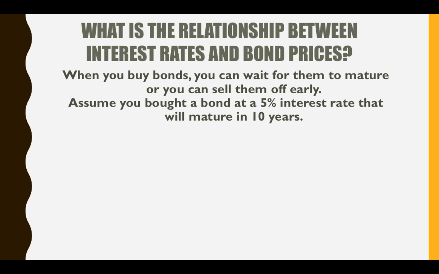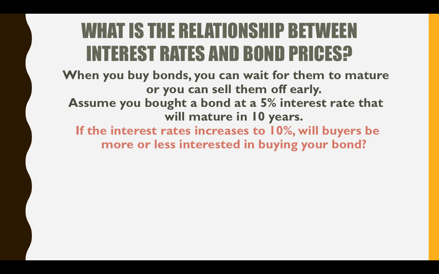Assume you bought a bond at a 5% interest rate that will mature in 10 years, okay? So you're going to make 5% a year over the course of 10 years. What happens if the interest rates in the banks go to 10%? Will buyers be more or less interested in buying your bond? Would you rather buy something at 5% return or 10% return?